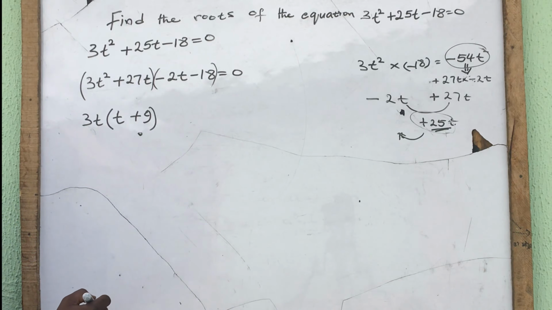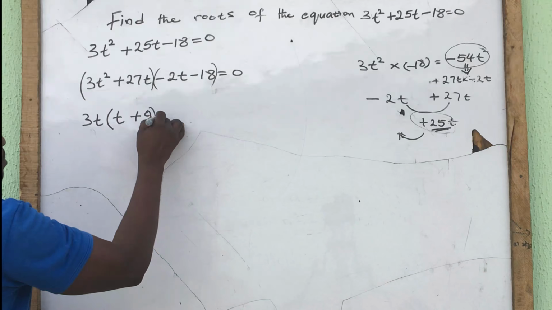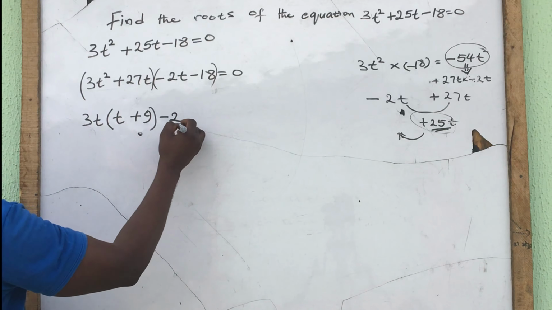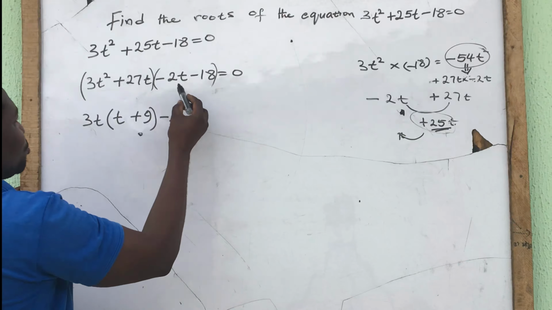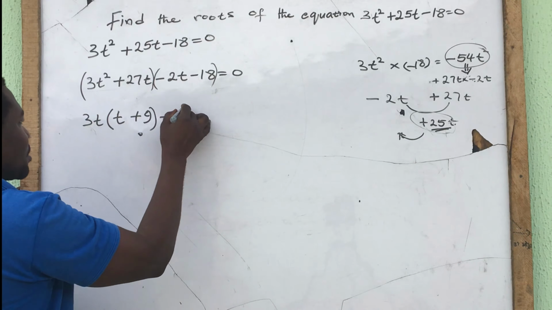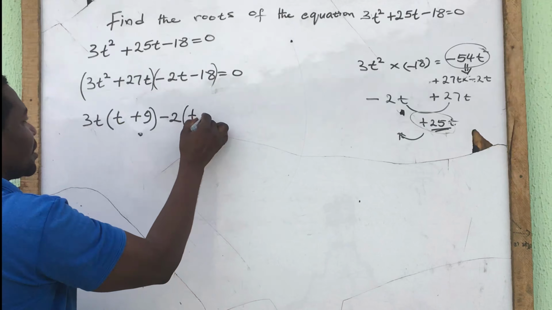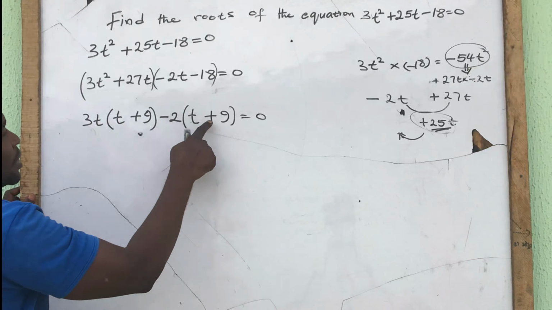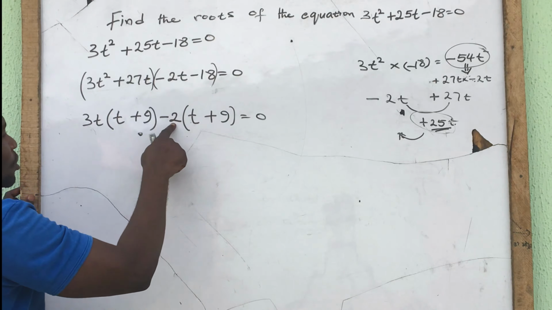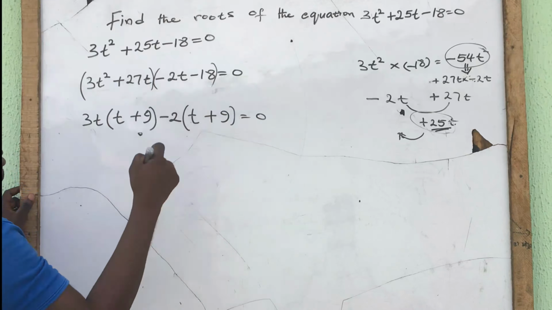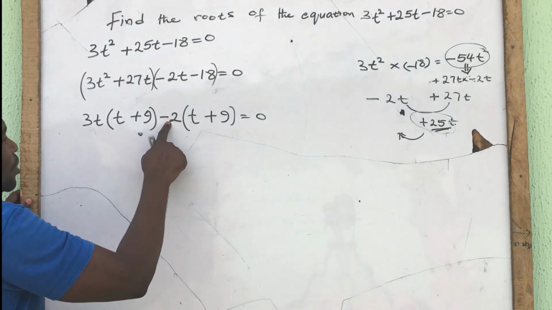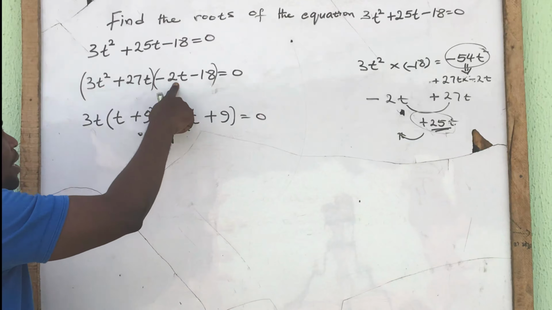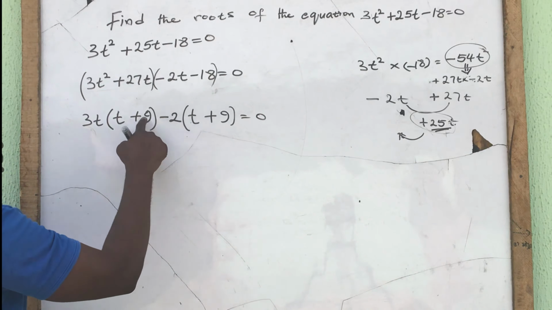T is here. This is minus 2, as well. What remains here is t plus 9, because minus 2 times 9 is minus 18. So minus 2 times t, minus 2t here, and t plus 9.